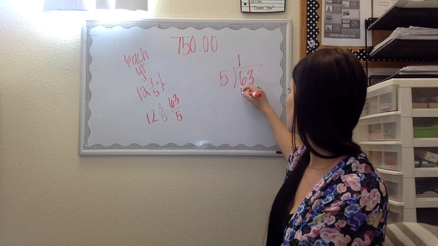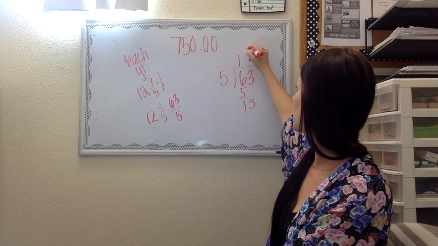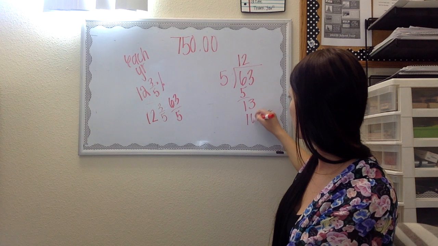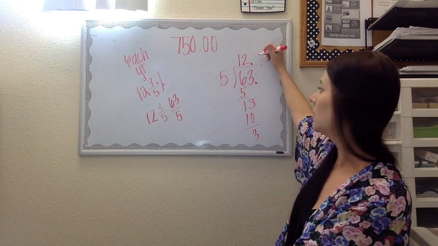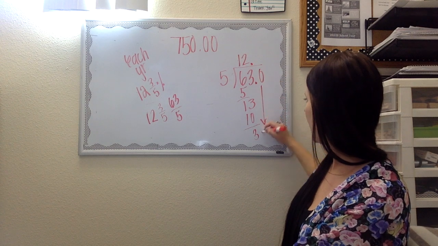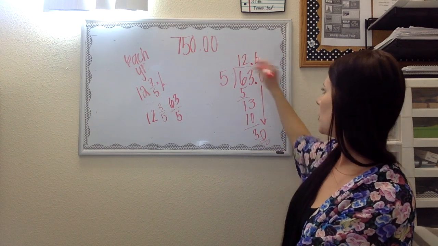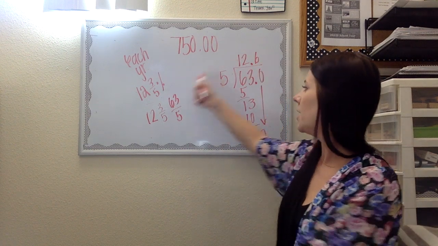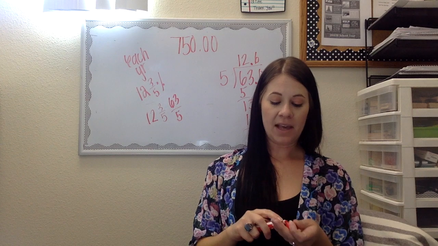Goes in once, 5, 1, 3. It goes in twice, 10, 3. I put a decimal, I put a 0, I bring that down, and 6, and it goes in, there we go. So 12.6 is the decimal that is the 12 and 3/5.